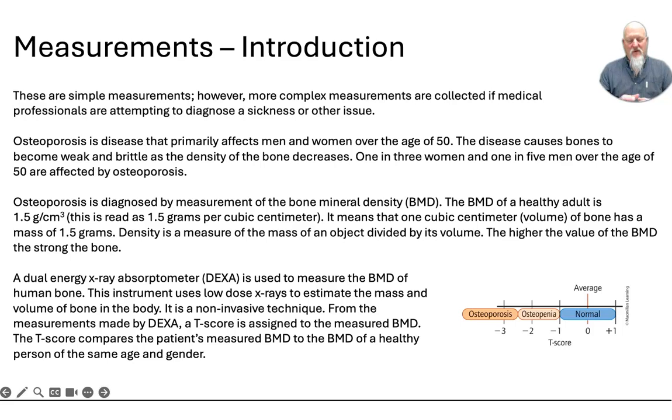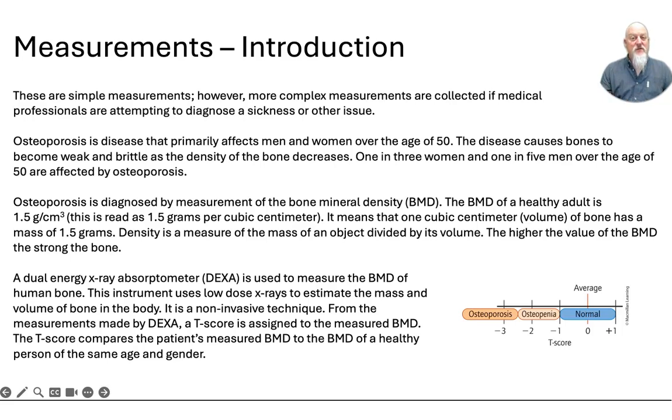BMD is a measurement of how dense your bone is. And for the average human, BMD would be about 1.5 grams per centimeter cubed. Grams per centimeter cubed, that's a mass over a volume, so that's a density. And centimeter cubed is a volume. That's a centimeter by a centimeter by a centimeter, so length, width, height.